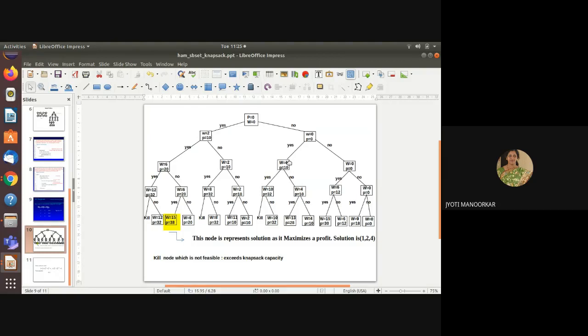So 6 plus 4, that is 14. Whether it is less than your current remaining capacity of knapsack? Yes, it is less than, so I can consider third atom to be included into the knapsack. So my weight will become 10, that is 6 plus 4, and profit will become previous profit 10 plus current element's profit 12. So I will have W is equals to 10 and P is equals to 32.